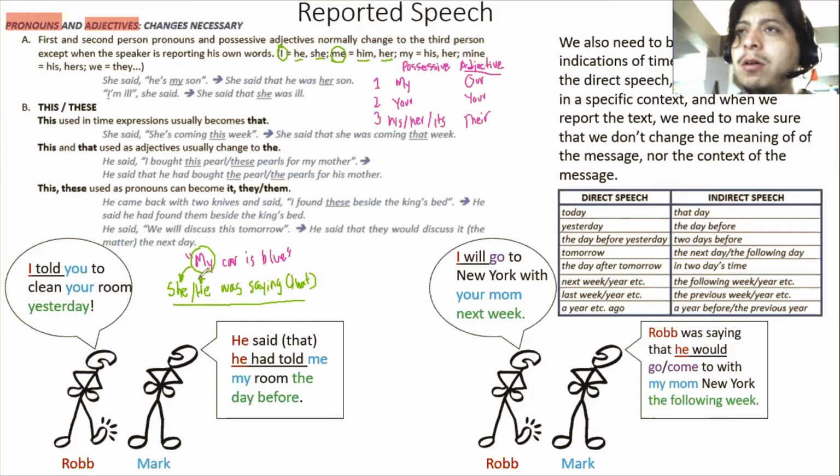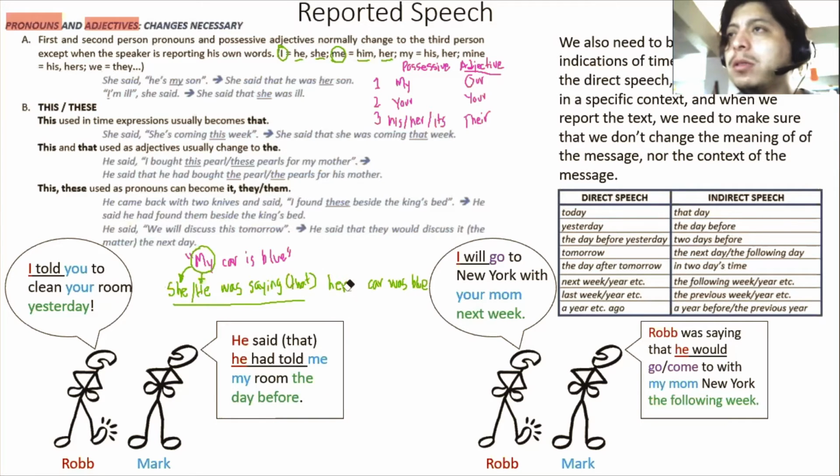I don't know if this is Marco's car or Lily's car. It depends on who is the person saying the direct speech. If it was a woman, if it was Lily, she was saying that her car, this is present, so past, was blue. She was saying that her car was blue.